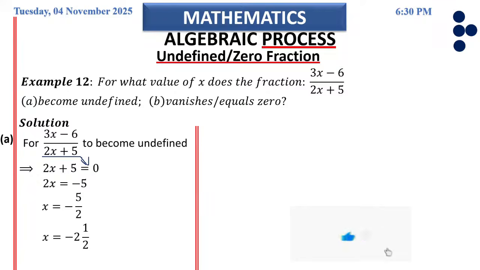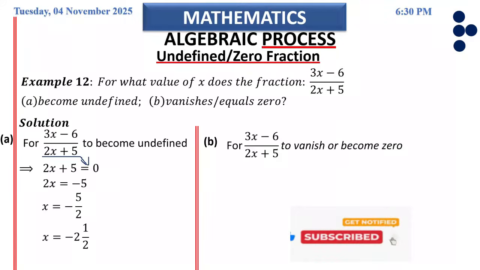Okay? So now, for the other part, another what we call equal to 0 is that it vanishes. Vanishes. 0 and undefined, they are not the same thing. The 0 is not nothing. Okay? Alright, so when it's equal to 0, from what I've said, that's when your numerator is equal to 0.